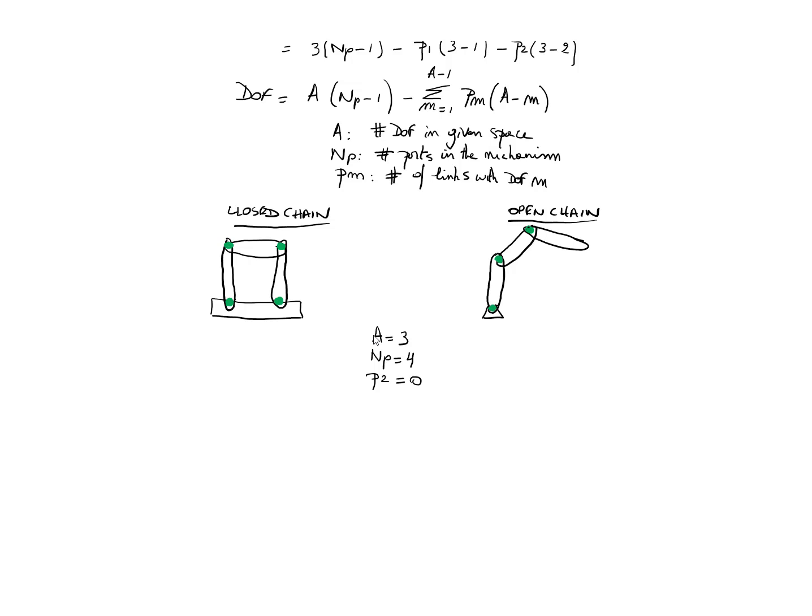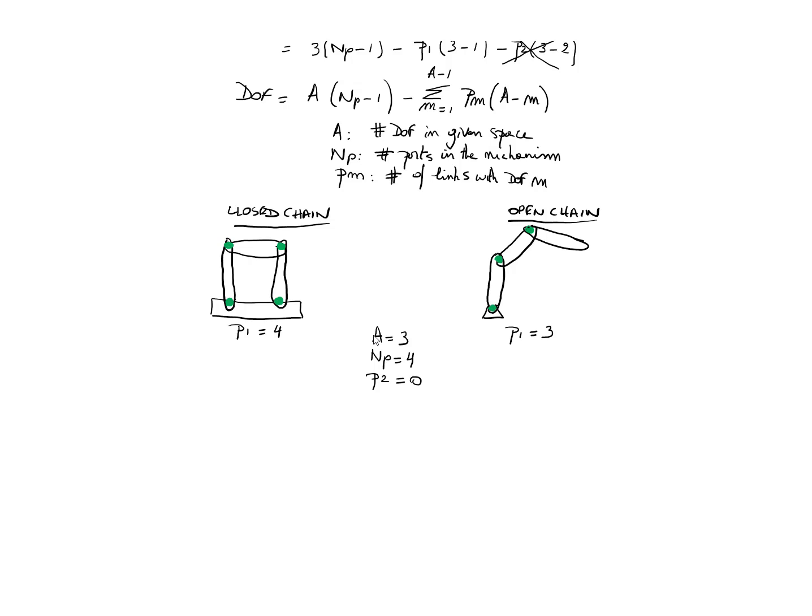So this means that in this formula we can cross out the last term, and it's just a matter of seeing how many links we have with degree of freedom 1. And here, if we look at P1, we see that we have 4, and in this case we have P1 equals 3.